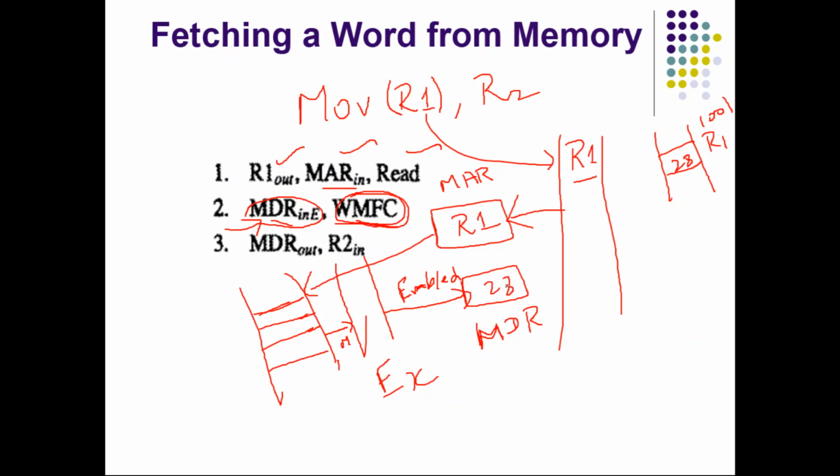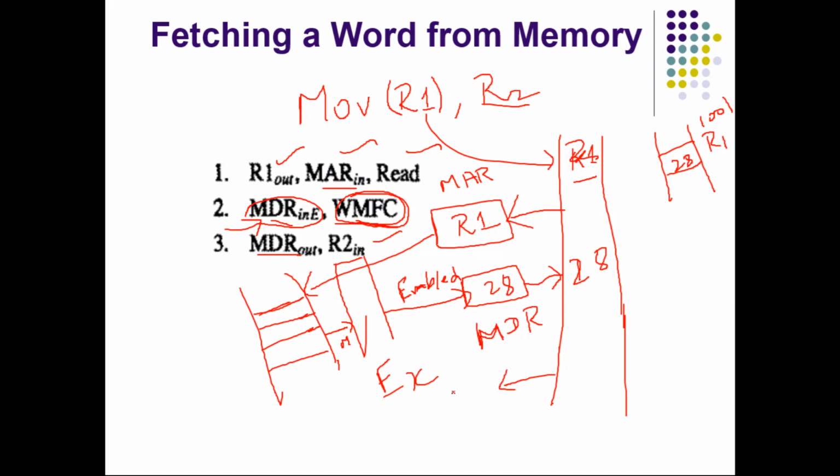But where do you have to move it? You have to move it to R2. So the last instruction is MDR out, R2 in. When you say MDR out, the 28 will move to the system bus. Now in the system bus you have 28, not R1. Finally it should be moved to R2, so at the same time we activate R2 in.